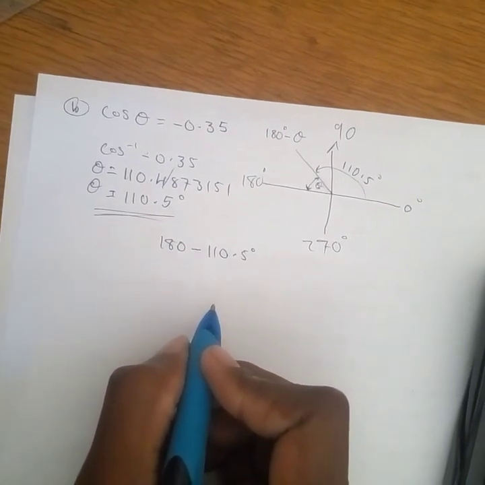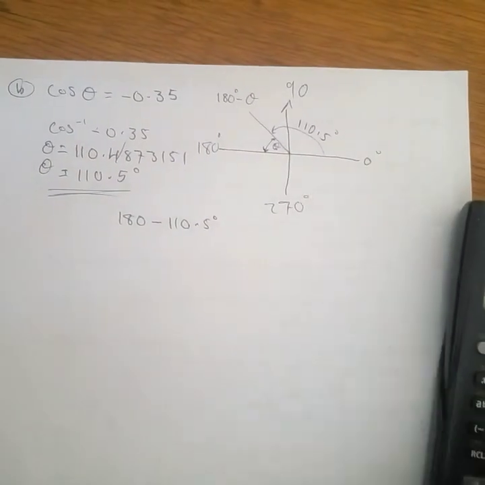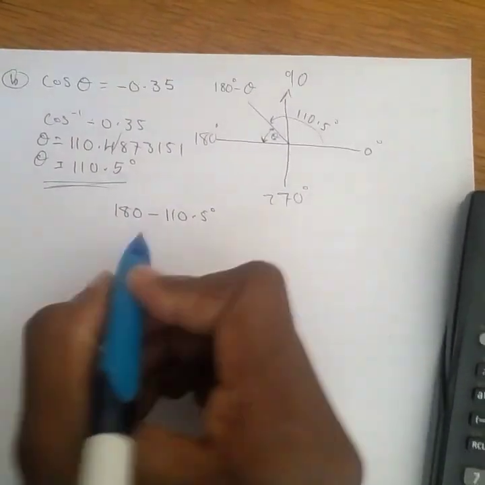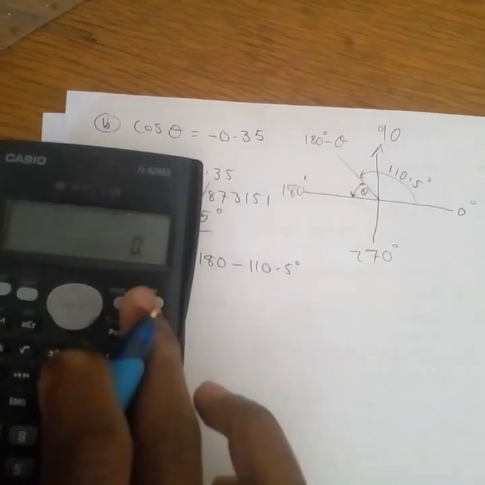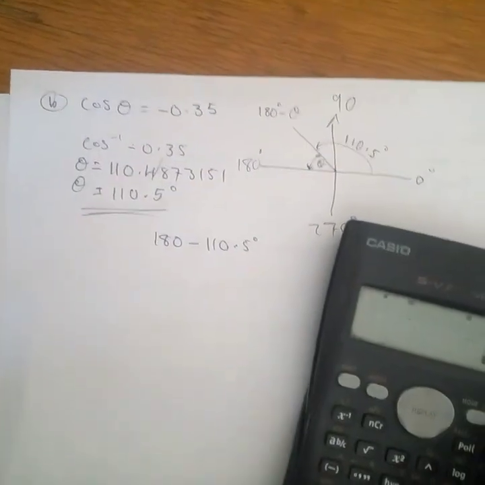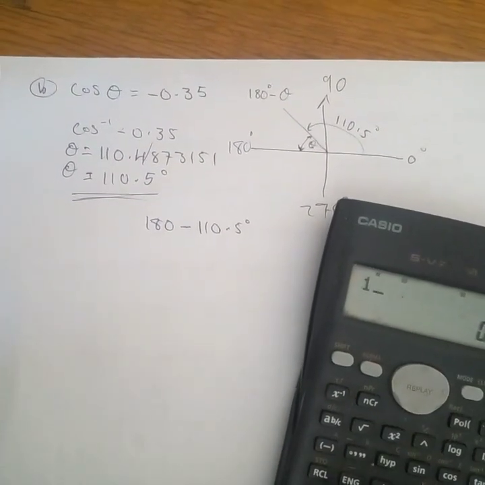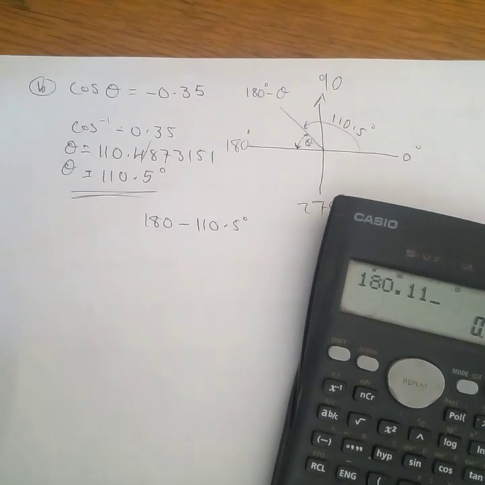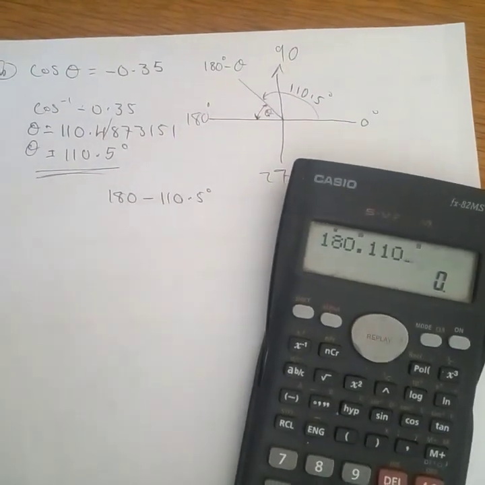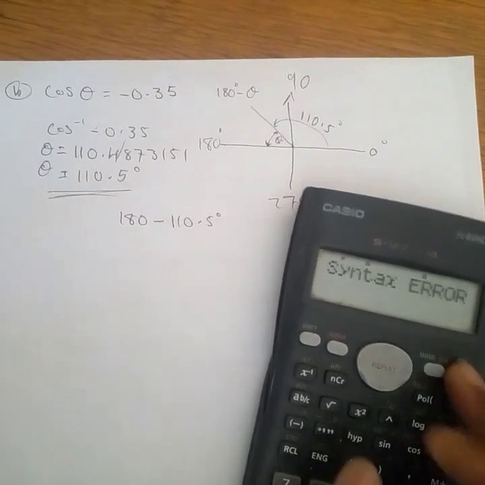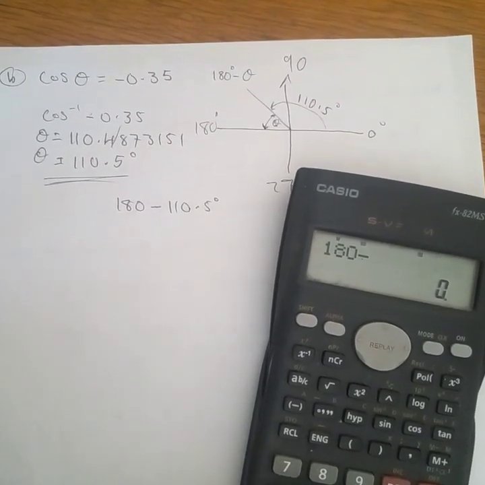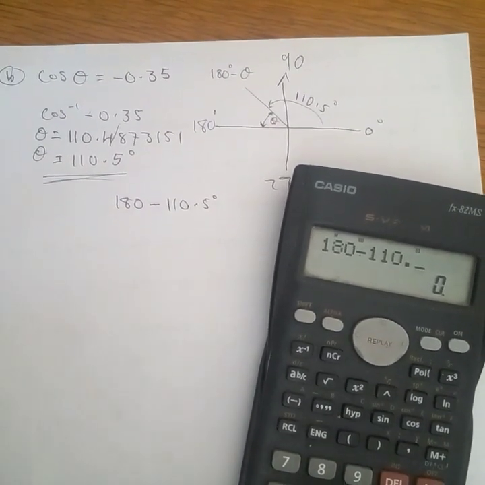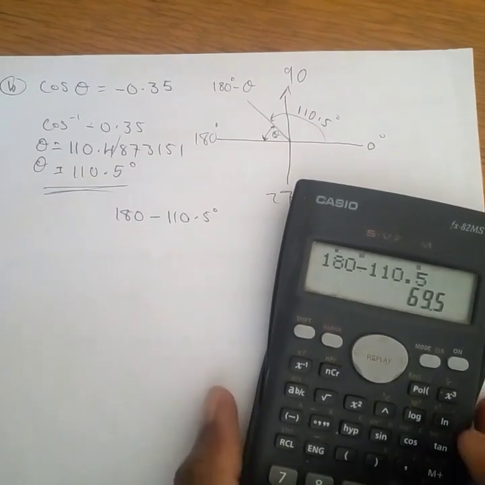So what will be our final answer now? When you subtract these two, what do we get? You can use your calculator to be accurate, because this is a paper 2 question, it carries only 1 mark. So 180 minus 110.5, we have 69.5.